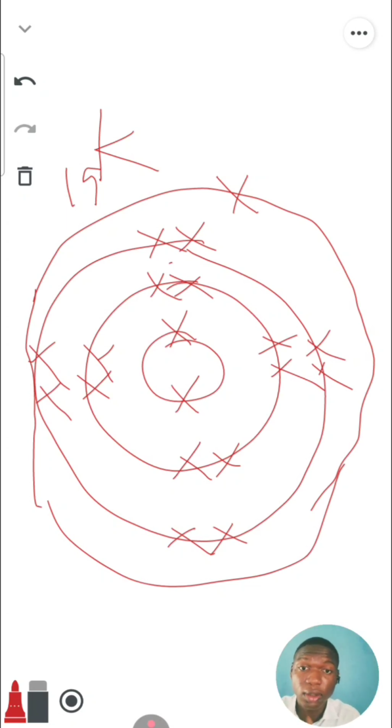The third shell can only take 8 also. So the remaining one has to move to the what? To the fourth shell. That's basically it. So the first shell can take 2. The second shell can take what? 8. The third shell can take 8. So once it is complete, it moves to the what? To the next shell.